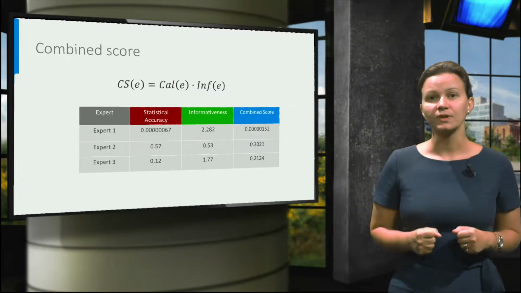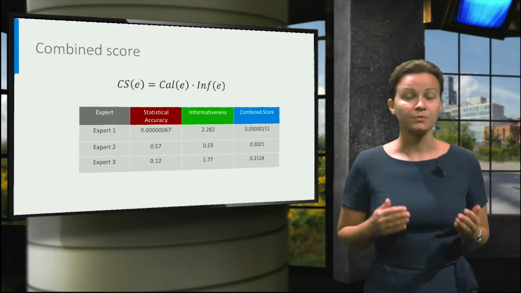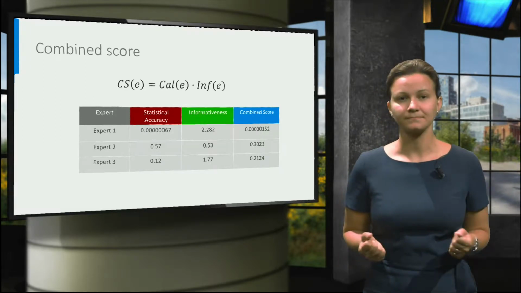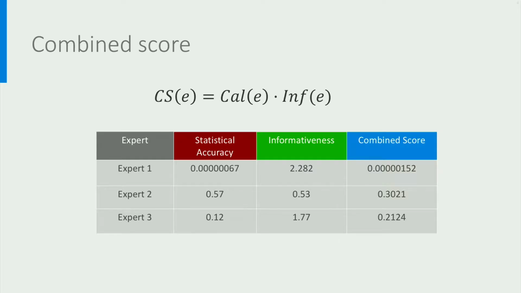So we propose a combined score, that is the product between the statistical accuracy and the information score. For the three experts in our example, we obtain the following combined scores. Expert 2 has the highest combined score of about 0.3. The combined score of Expert 3 is quite close, at 0.21.